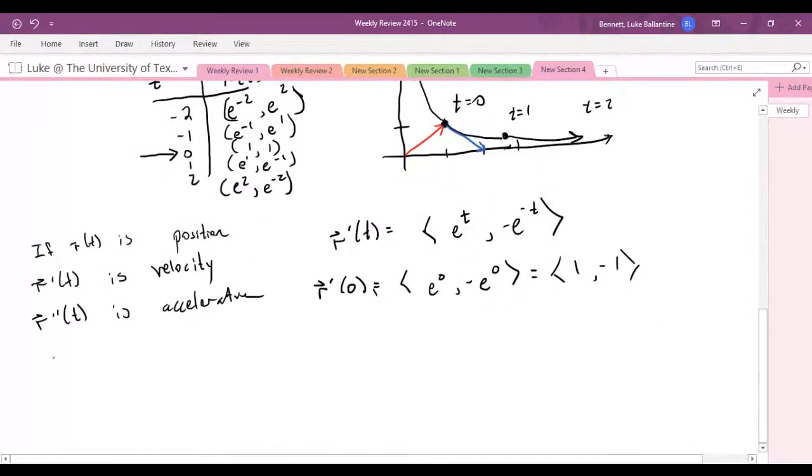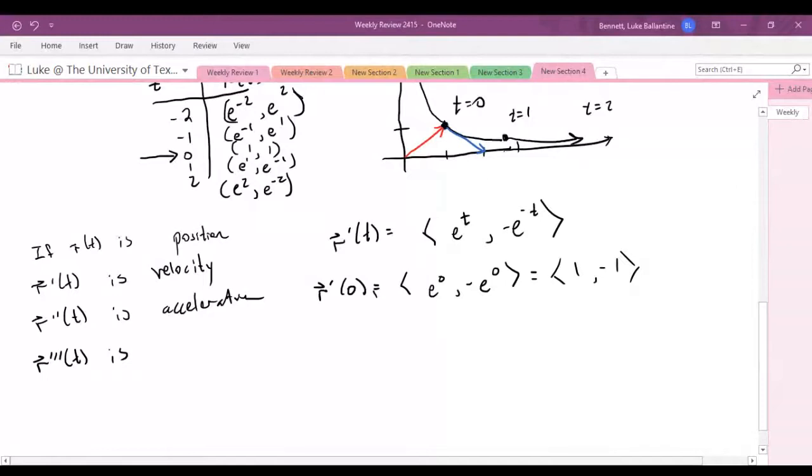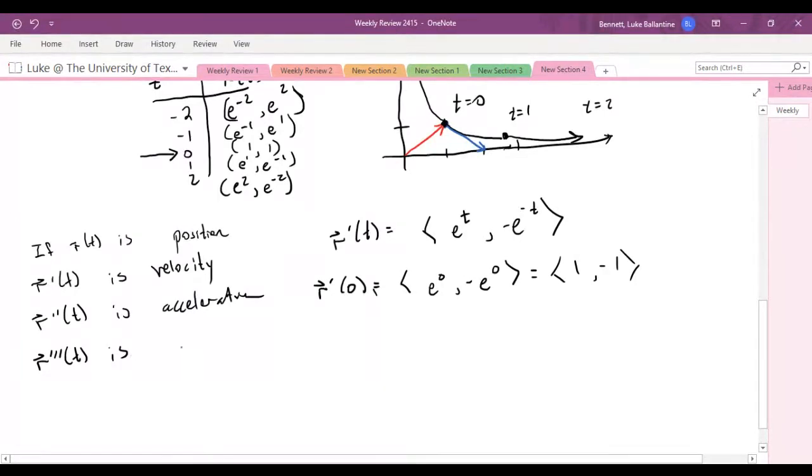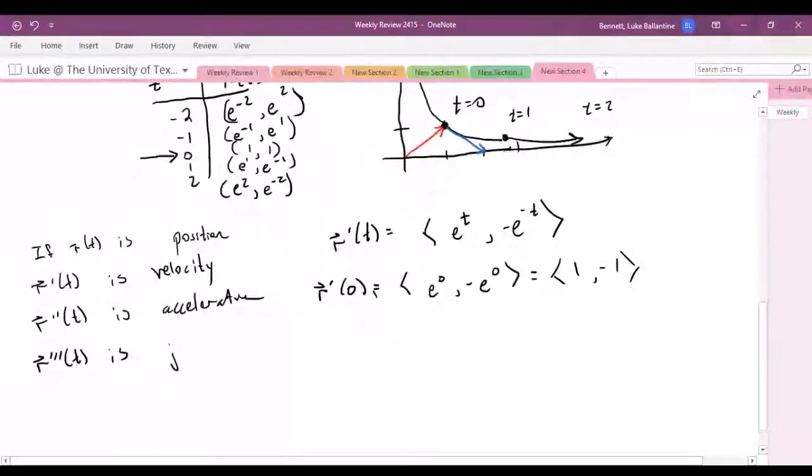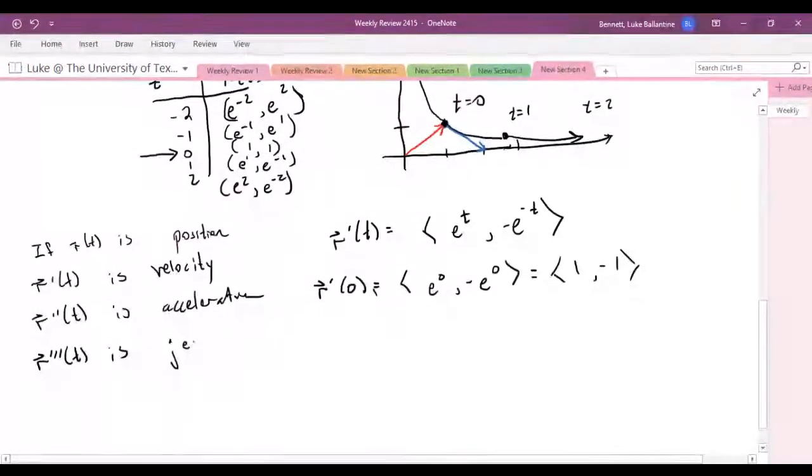What about r triple prime? What do we call that one? Does anybody know what we call r triple prime? R triple prime of t is actually called, believe it or not, jerk.